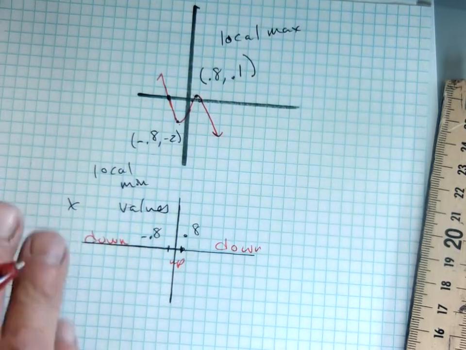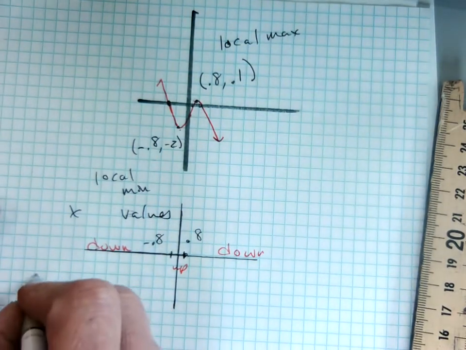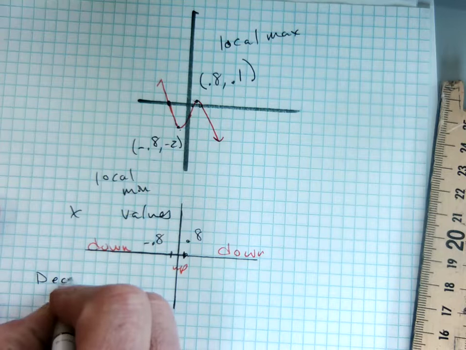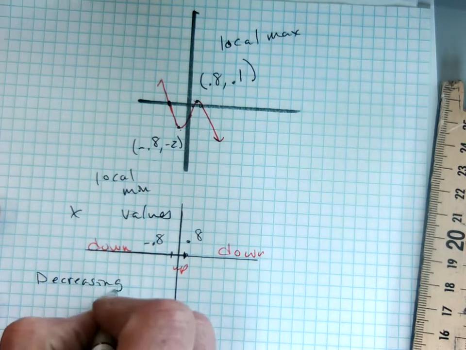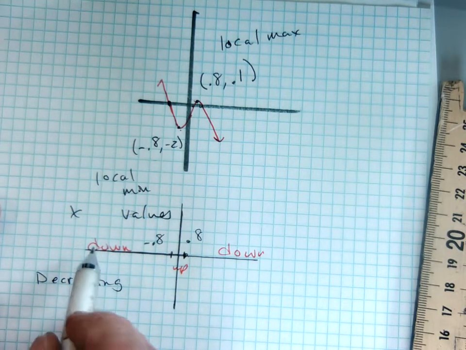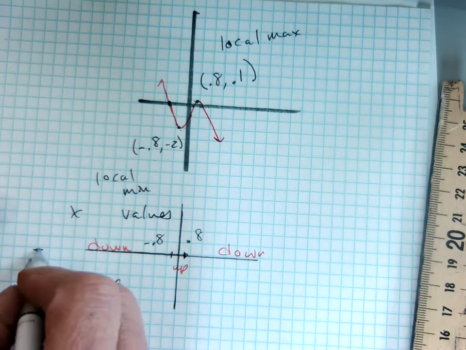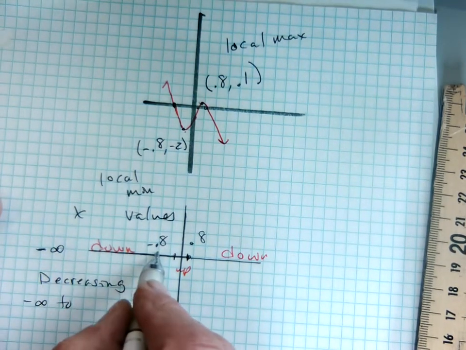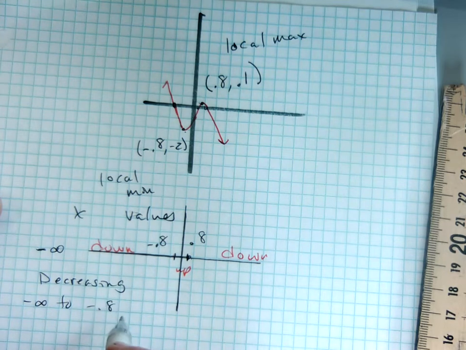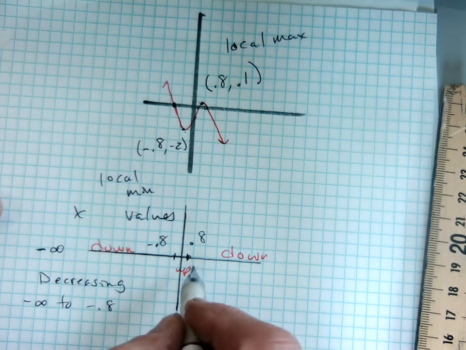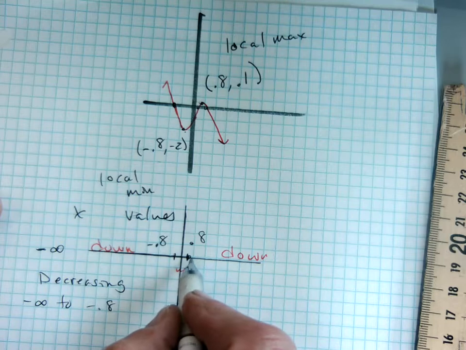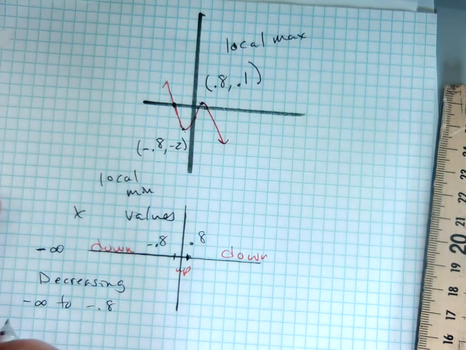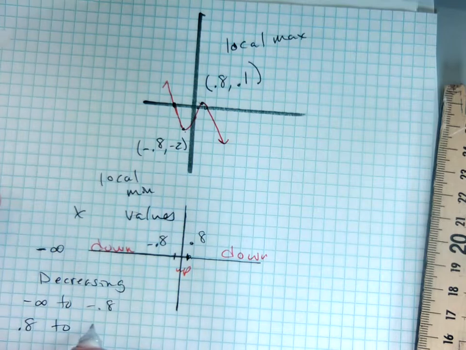So it's increasing. Oh, let's do decreasing first. It's decreasing from negative infinity to negative 0.8. And it's also decreasing, going down from 0.8 to positive infinity, okay?